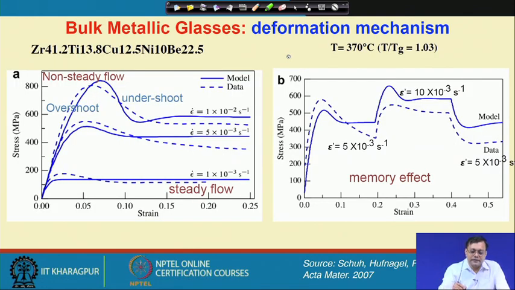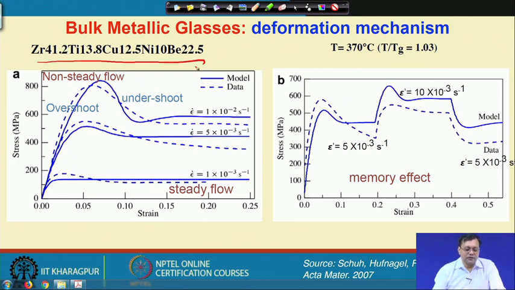Now, let us have a look at some of the deformation curves of one zirconium based metallic glass. This is also one derivative of Vitreloy, and the temperature is kept somewhere around 370 degrees centigrade, where you can see that T by T g is 1.03, and it means that the temperature is very close to the glass transition temperature.